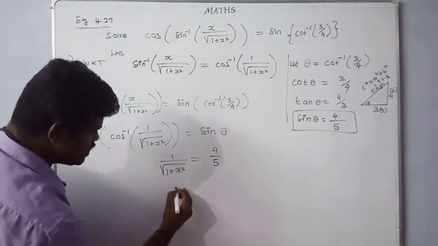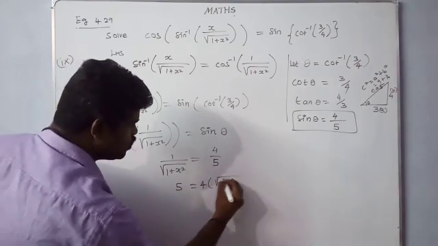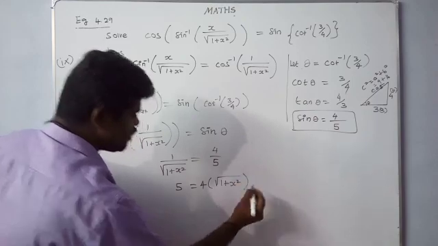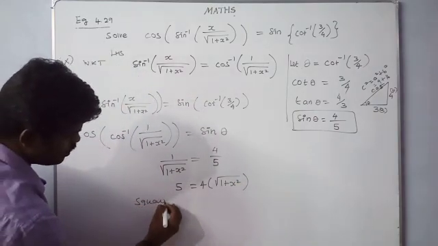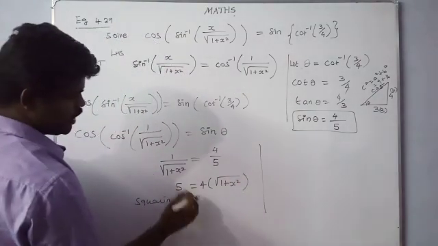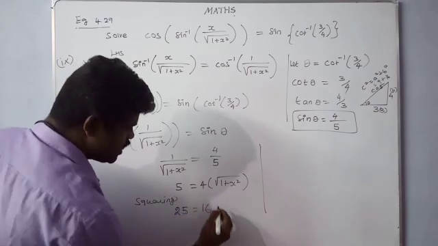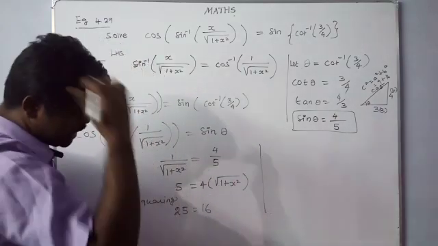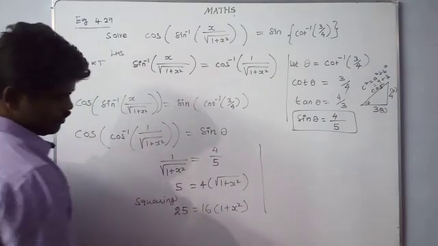This is 1 by root of 1 plus x square is equal to 4 by 5. Now cross multiply this. Here 5 is equal to 4 into root of 1 plus x square. Squaring both sides: 5 square is 25 is equal to 4 square is 16, and the square root will be cancelled, 1 plus x square.